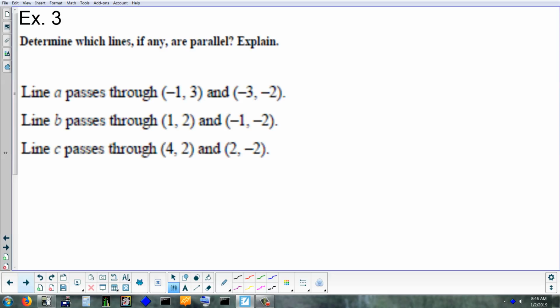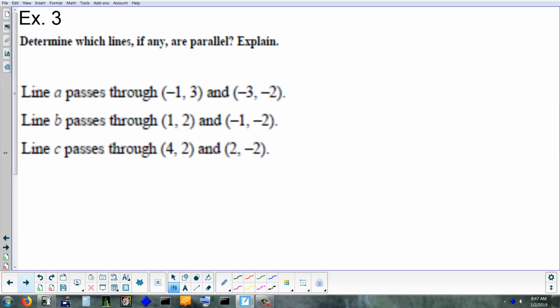What's the thing that's the same that tells us that they're parallel or not? It's the what of the line. The slope, right? So again, here I don't have the slope. The slope's not given to me. And what else is given to you that you still need to find?